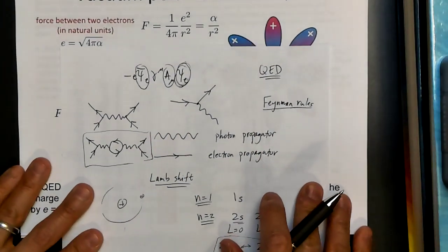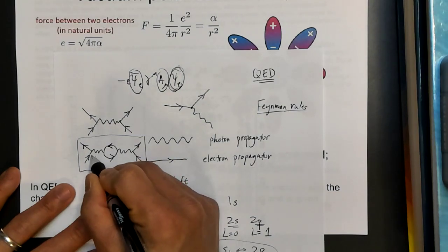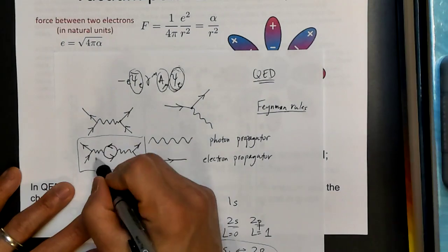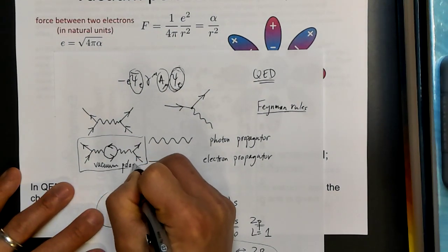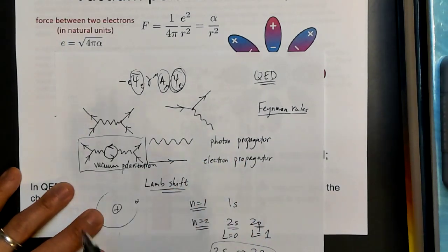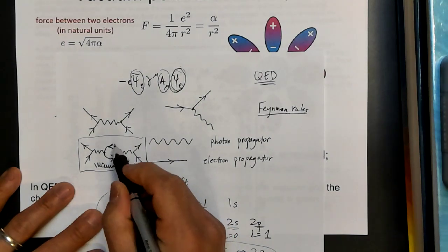However, there's a modification that comes about if you go to higher order in the Feynman rules, for example a diagram like this, which is what's called vacuum polarization. You have this extra loop with the electrons going around in a circle with two vertices.